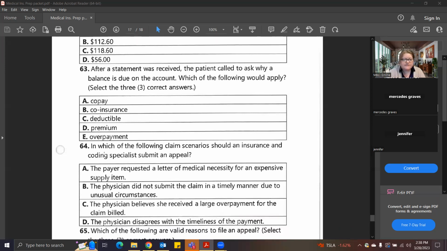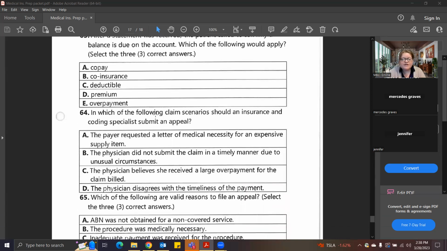All right, number 64. In which of the following claim scenarios should an insurance and coding specialist submit an appeal? Basically, when you submit an appeal, the insurance company has taken your claim and denied it. They said, nope, we're not paying this because it's not covered or whatever. They have a bunch of different reasons for denial.